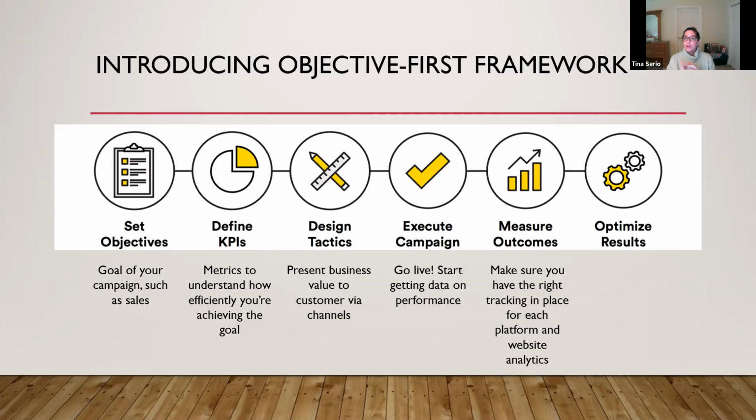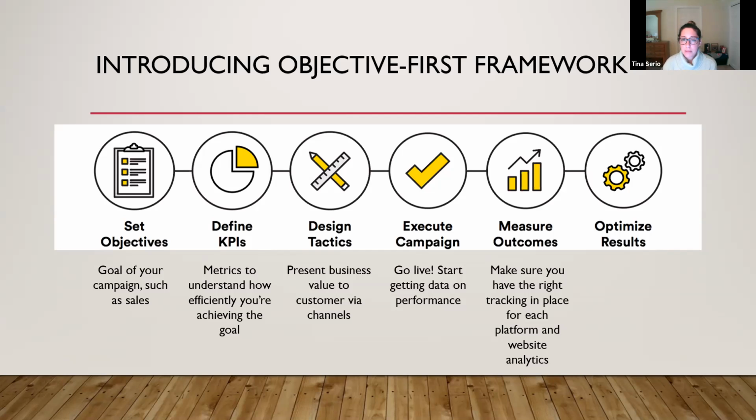But you'll need to make sure that you have the right tracking in place. A few of you mentioned pixels. So having that tracking in place on each of the platforms that you're running so that you can then see how your individual ads are performing, your individual audience targeting subsets are performing. Website analytics, you can use the Facebook pixel to see how people that are coming from Facebook are interacting on your website.